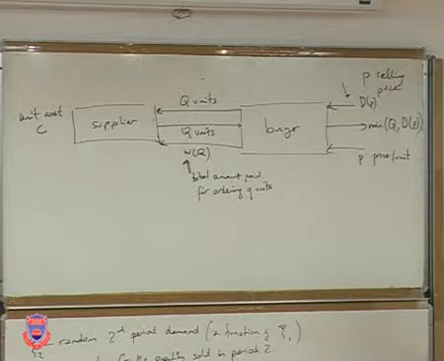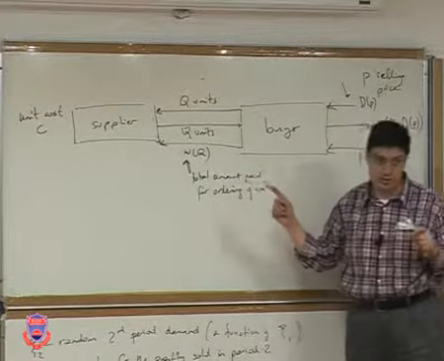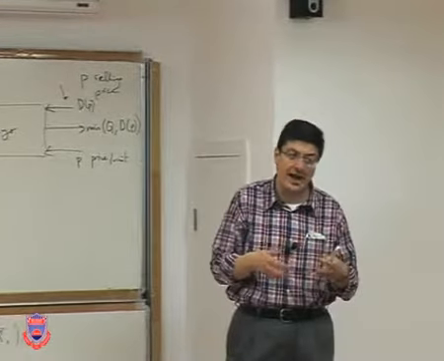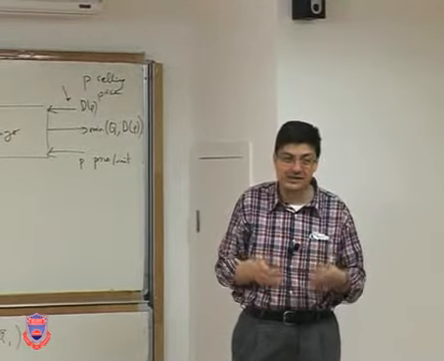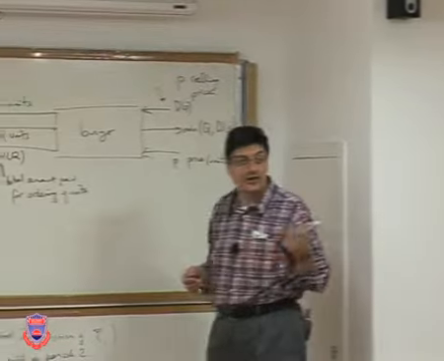Now, you can generalize these by making all the flows a function. Note that all the flows are actually decision variables. They all have a decision variable part or a random part.